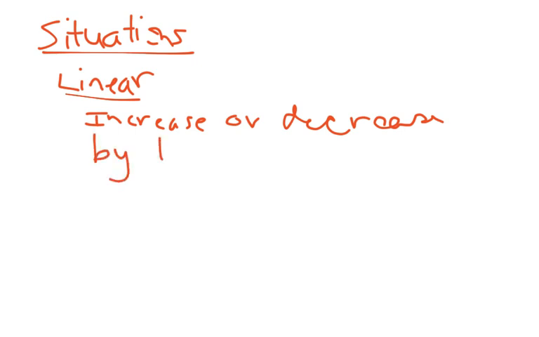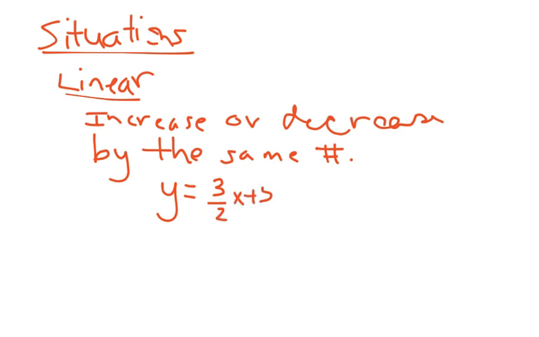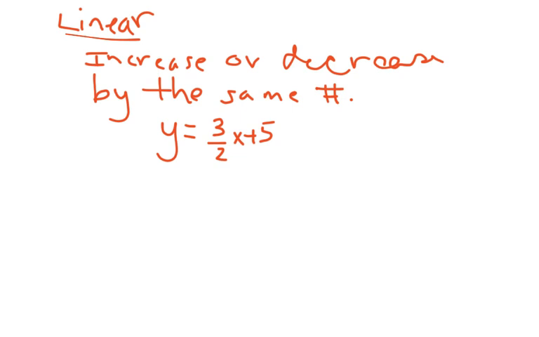So something started at 5 and it's increasing 3 for every 2 hours, then your equation would be such. Okay, so that's a linear.